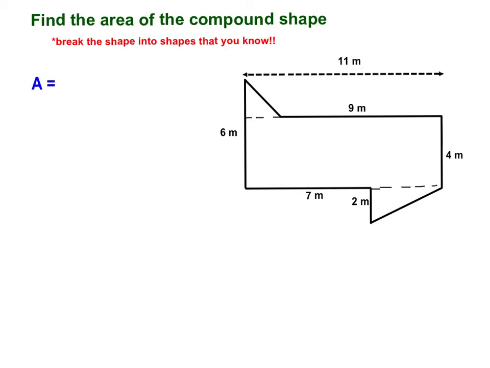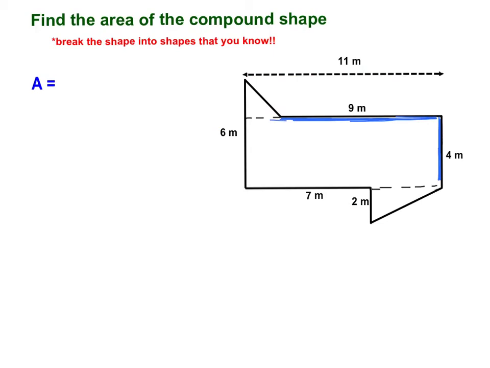So first let's go ahead and find the area of this large rectangle. Now, this rectangle, I can see right here that side length is 4, but it's not 9 because 9 only stops here.